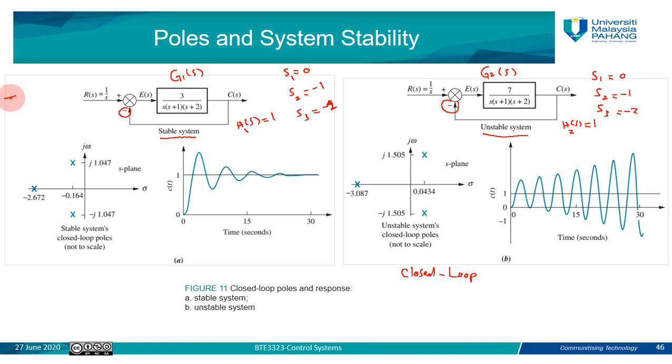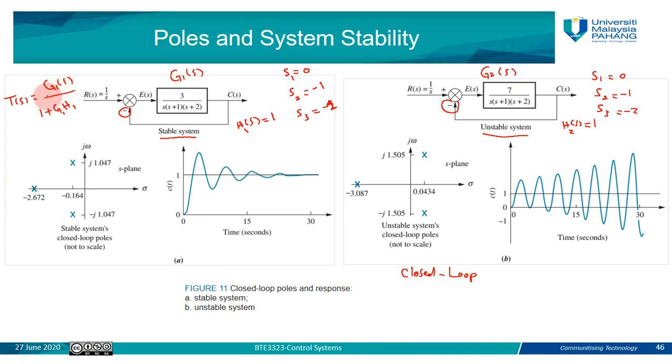T(s) will equal G1(s) over 1 plus G1H1. Just substitute for G1(s) this value, 3 over (s plus 1)(s plus 2), and the value of H1 is actually 1.